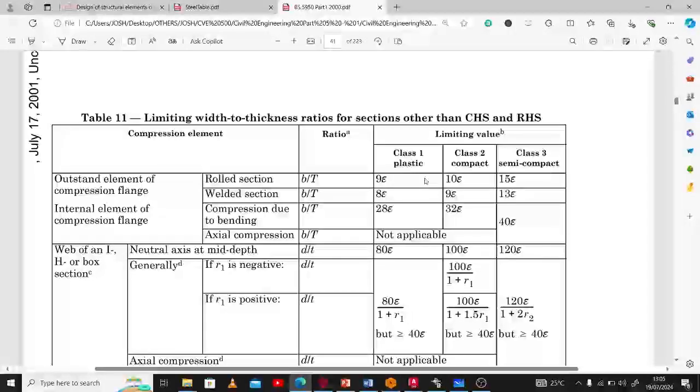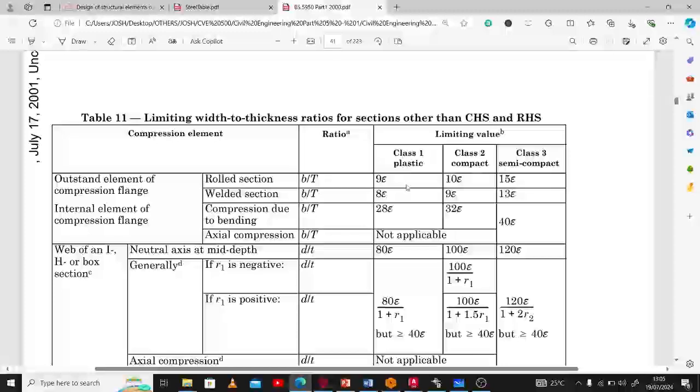Now this would help us to classify our flange and our web. We're dealing with the rolled section anyway, so for information, for the rolled section, this side speaks of the flange. We're supposed to compare the ratio of our B to capital T with all these class parameters, and that would tell us which class our beam section falls into.